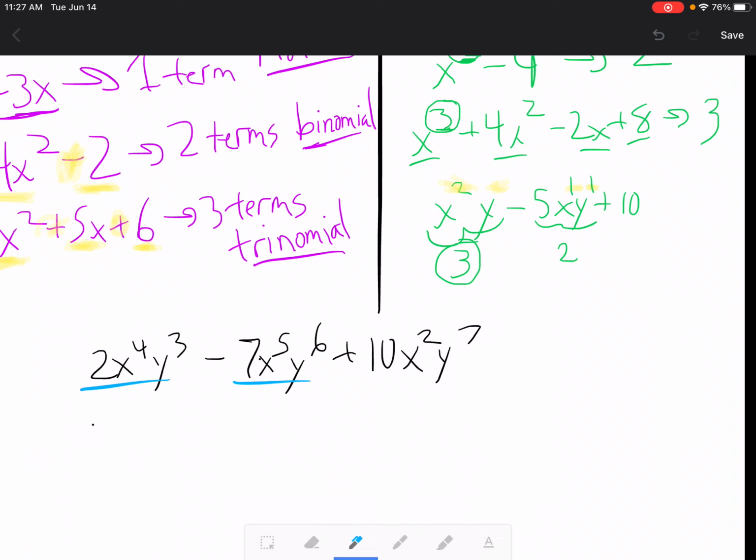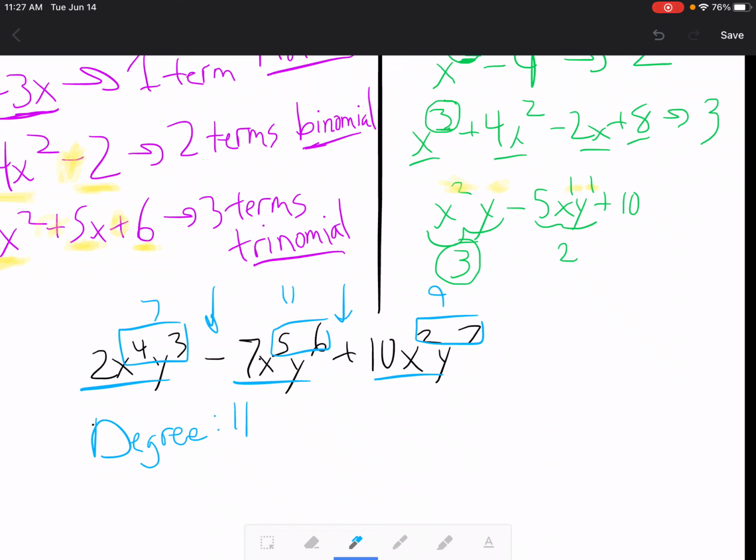So I see 1, 2, 3 terms. And again, I'm getting that by taking a look at my breaks in the polynomial, which are my plus and minus signs. Now, I'm just going to focus in on the exponents. This is 7, this is 11, this is 9. And I'm looking at them each individually. And so if I had to come up with the degree of the whole thing, it's going to be the largest one, which is 11.